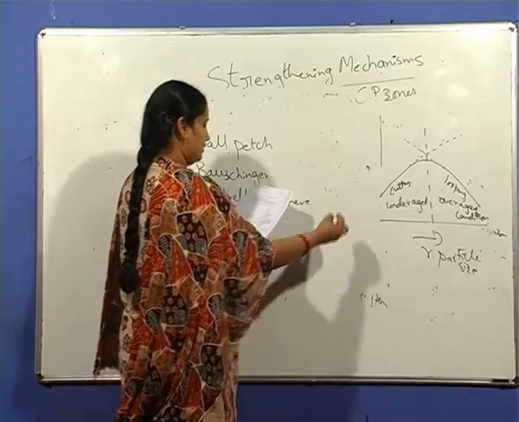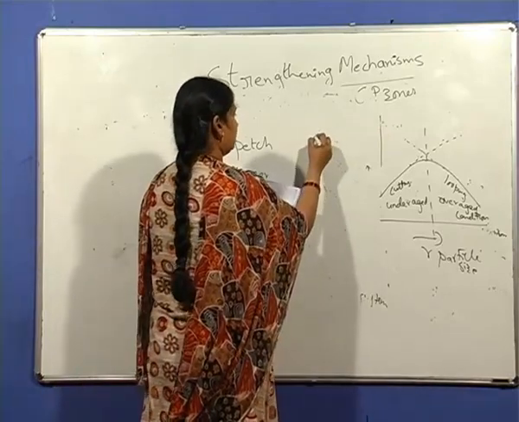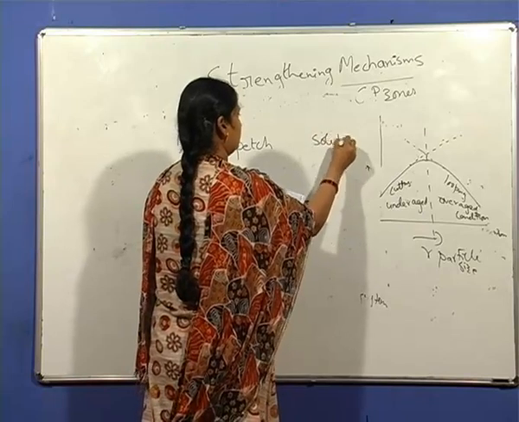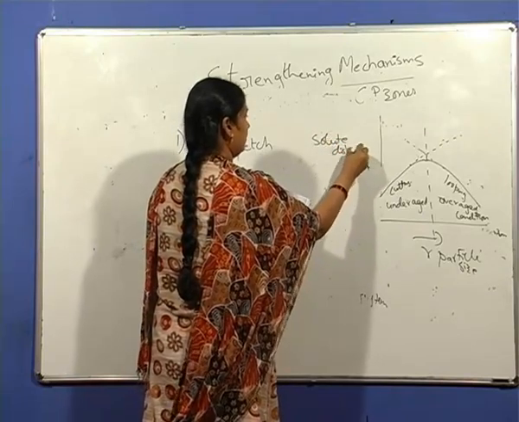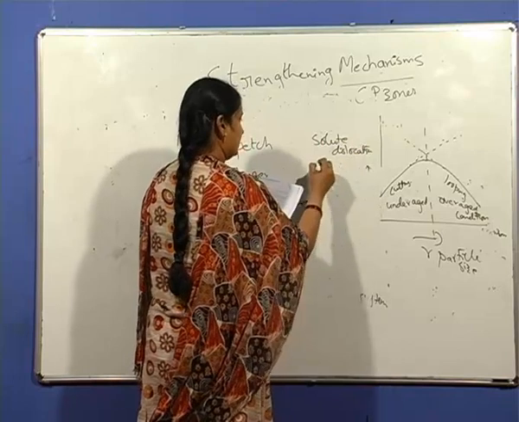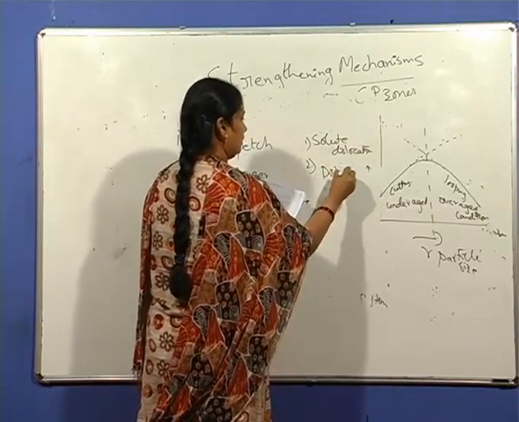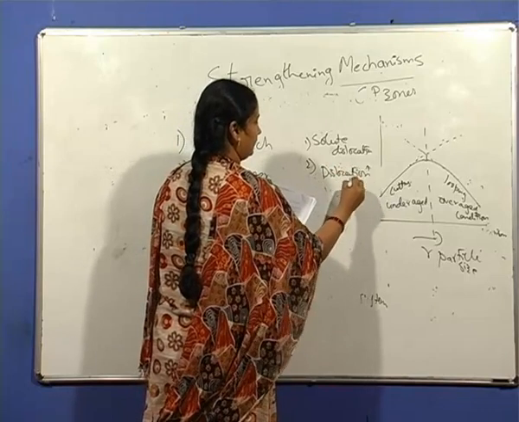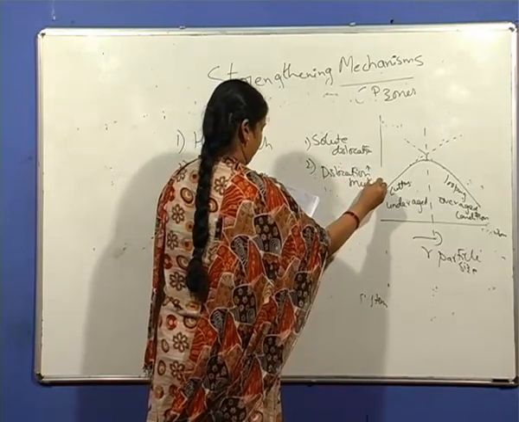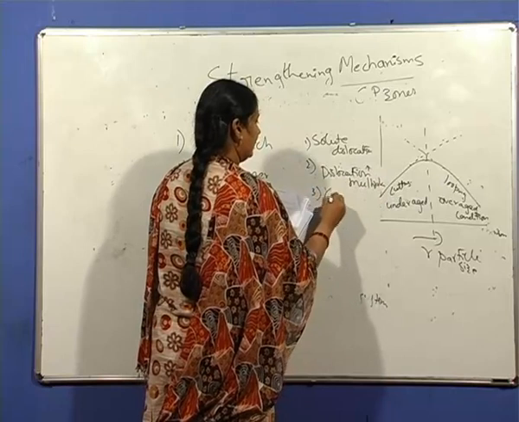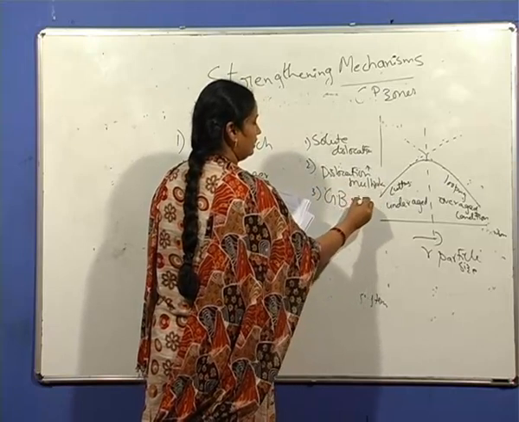The other side is solute dislocation interaction. The second one given is dislocation multiplication. Third is grain boundary strengthening.